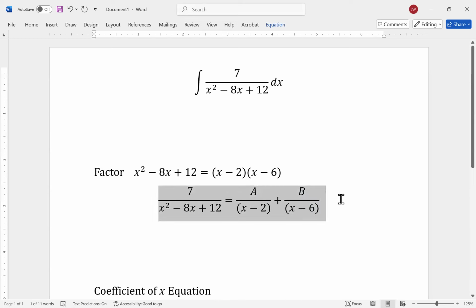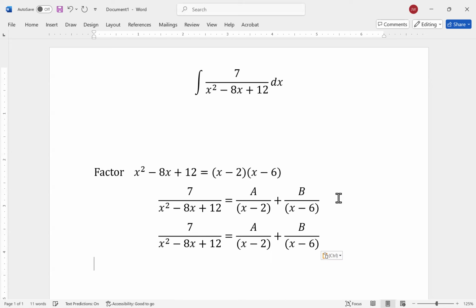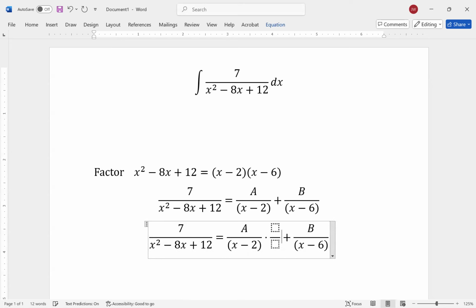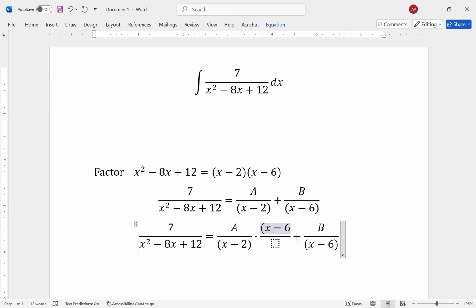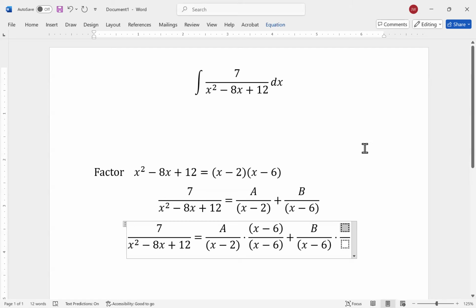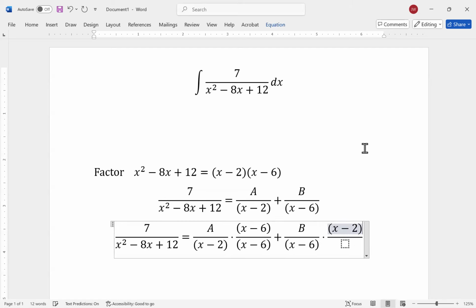If you think about forcing common denominators, I would have to multiply the a over x minus 2 by x minus 6 divided by another copy of x minus 6. And to get common denominators in the second term, I'd have to multiply by x minus 2 over x minus 2.